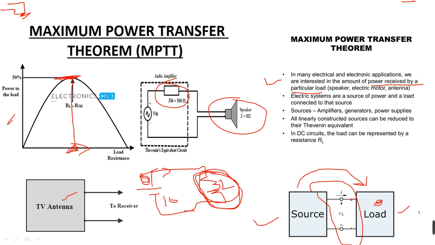We should know the resistance of the load. Then, if we know the load resistance, we have to find out the Thevenin's resistance, or we can compensate that resistance so that maximum power can be transferred.